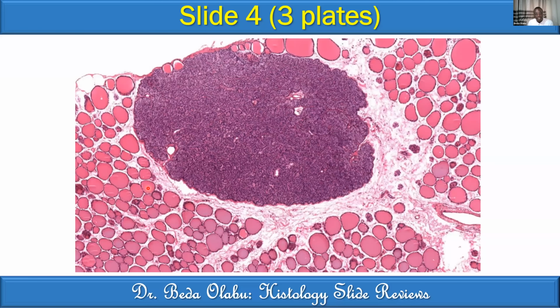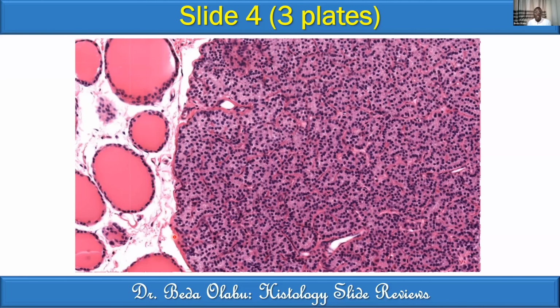Three is that we can note that it is encapsulated, although I agree with the second speaker that the capsule is best seen in the second magnification and not the first one. The fourth thing I want to capture is that yes, there are blood vessels. So you've captured those four at that magnification. Then at second level magnification, we confirm the encapsulation, the blood vessels, and the cluster morphology, deeply staining, next to the thyroid gland.